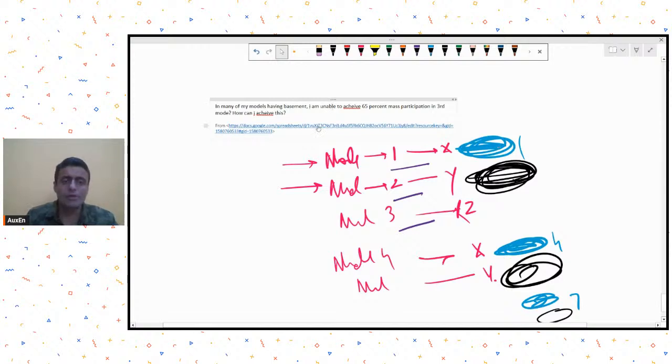Now, why are you not able to achieve this? I don't have a ready answer. That depends on the model. That depends on what type of structural system you have provided. It depends on a lot of issues. So I cannot answer without seeing it. But once when I was seeing your model, I had given some suggestions that you can adopt.